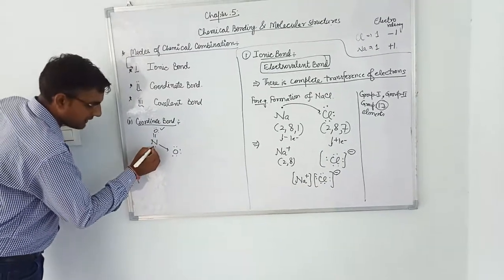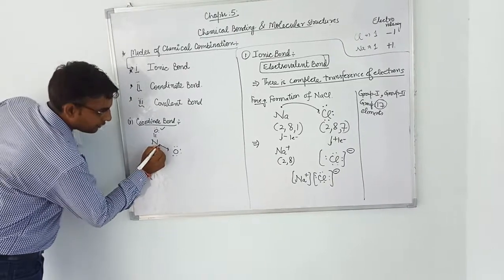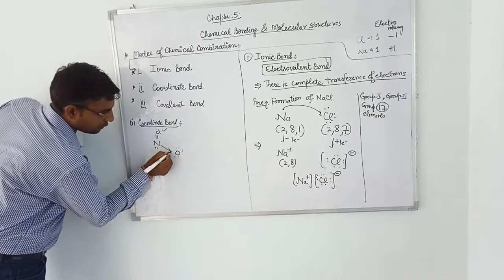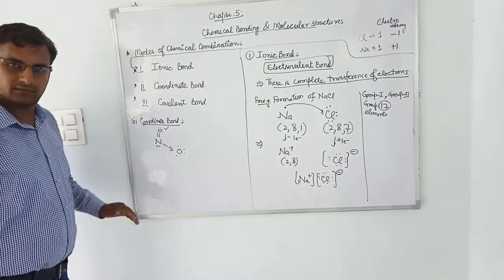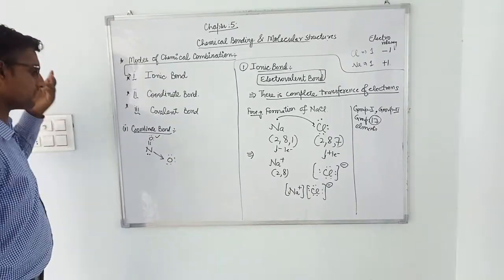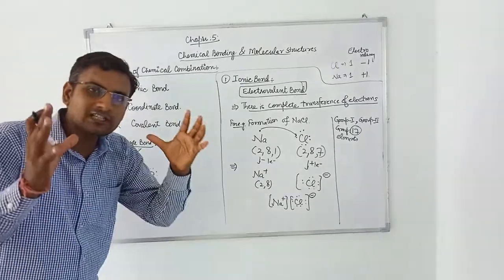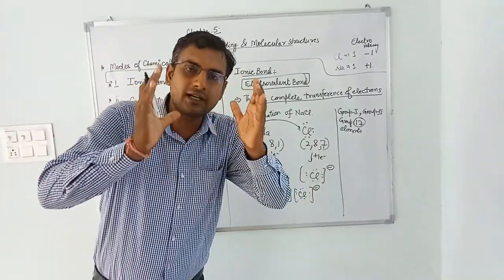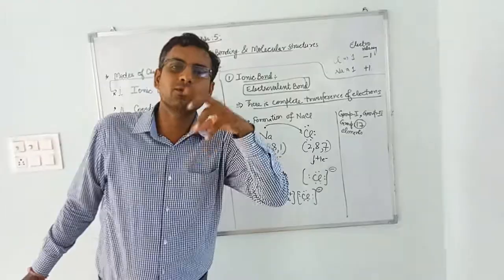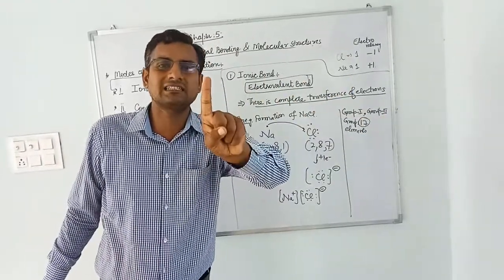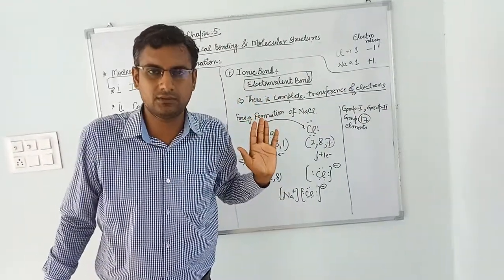So in this way, this nitrogen donates the complete electron pair to this oxygen. The difference between the coordinate bond and covalent bond is that in covalent bond both the atoms will share, but in coordinate bond only one atom donates and only one atom accepts.